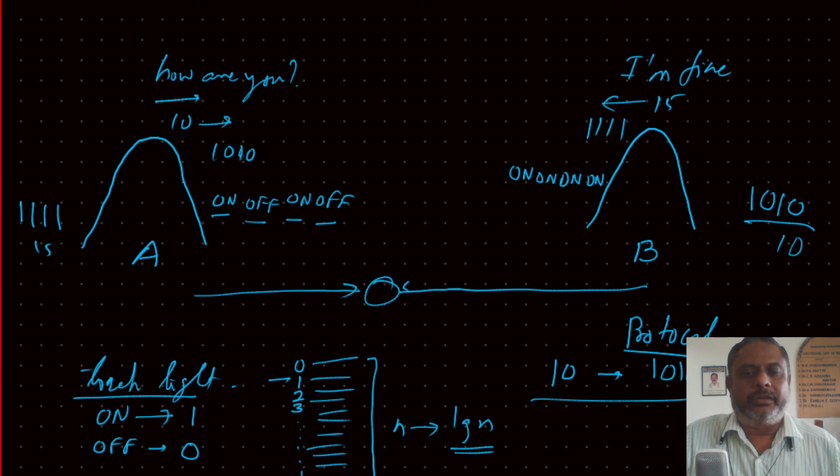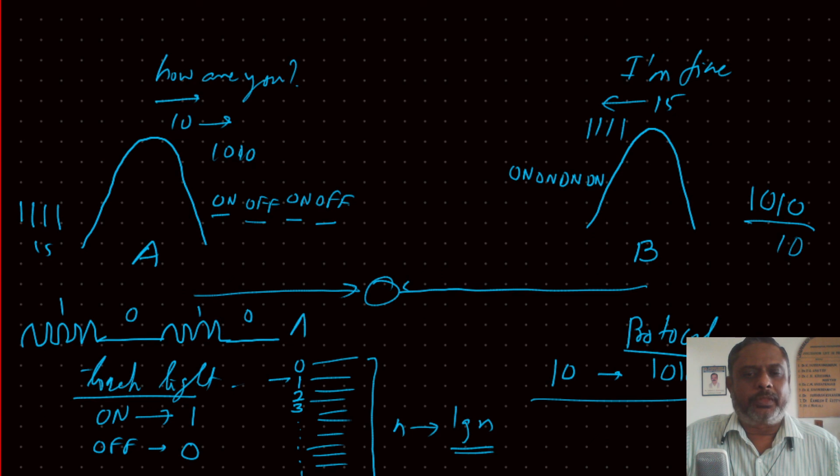What they are working on is: send light when you want to say 1, and don't send when you want to say 0. Sending light means you are sending a wave; no light means no wave. That makes 1, 0, 1, 0.